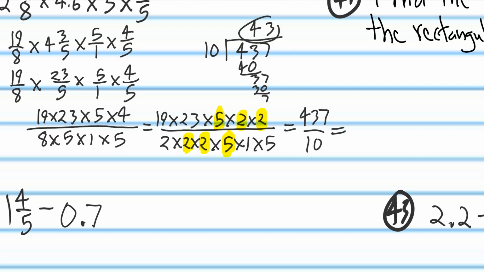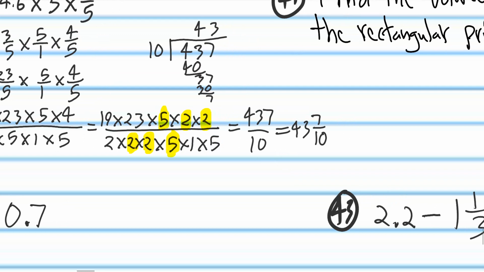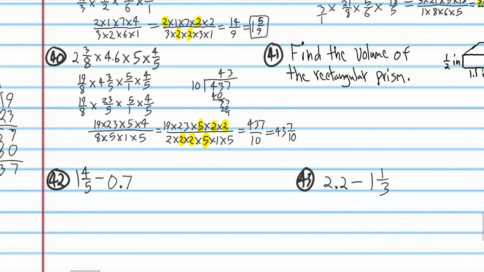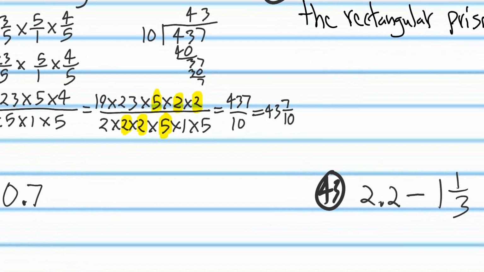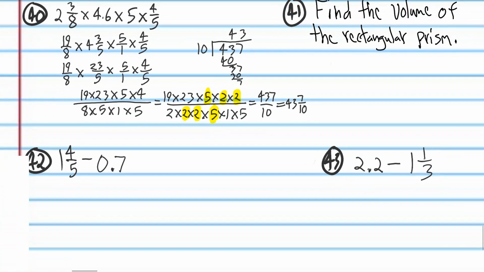So this becomes our whole number, and this becomes our numerator, the remainder, and the denominator is always the divisor. So notice that the denominator stays the same. I know that this is a lot of stuff that we're reviewing right now, but all of this information is available in my previous classes. So 43 7/10, or you can write 43.7.